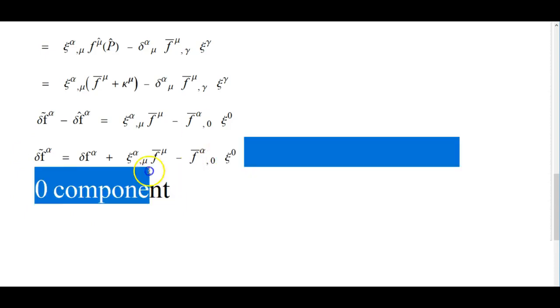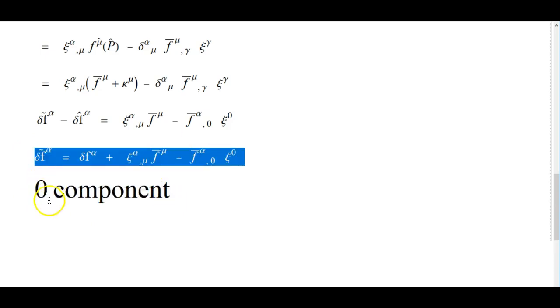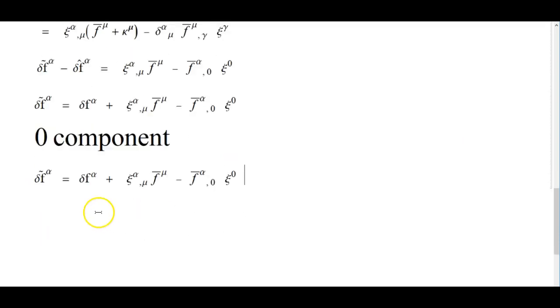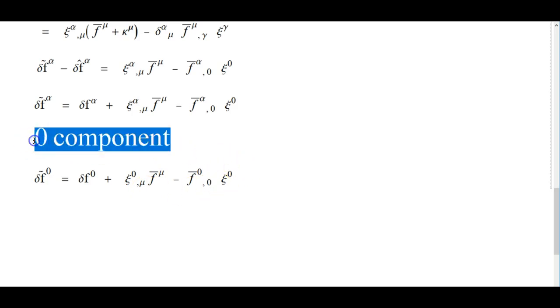First thing is copy, second thing is paste, third thing is replace alpha with 0. Okay, this is 0, and then this is 0. Any simplification here? I don't think so. I think that's it. So now the I component.